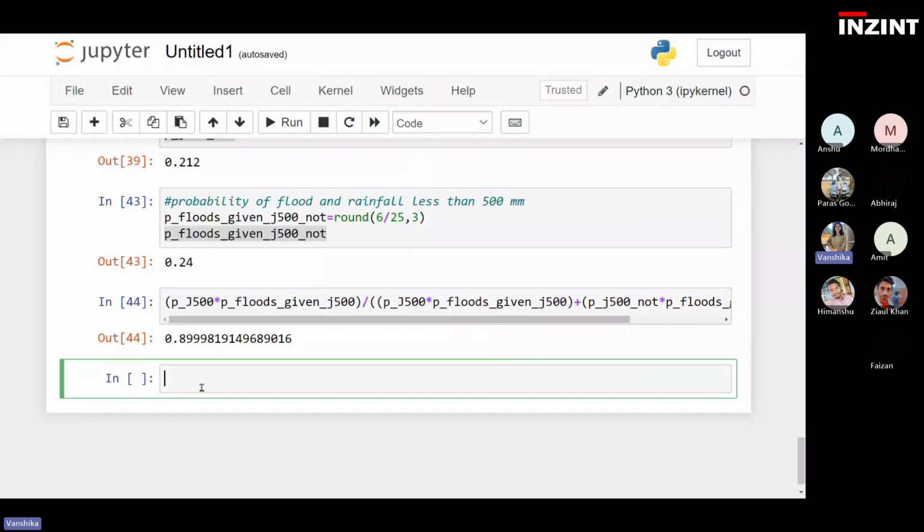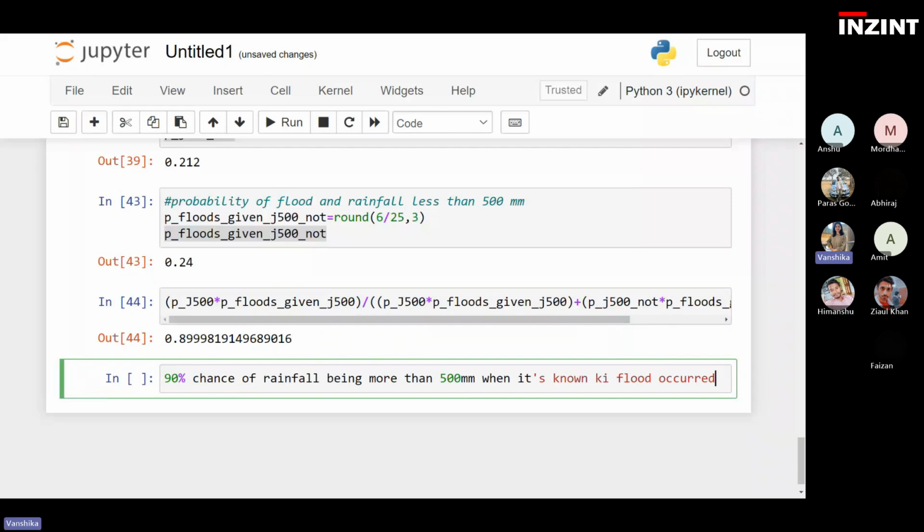Okay. So what can we infer from this? Basically, there is a 90% chance, like if I round it up, there is a 90% chance of rainfall being more than 500 millimeter. जब हमें पता हो, when it's known कि flood occurred.